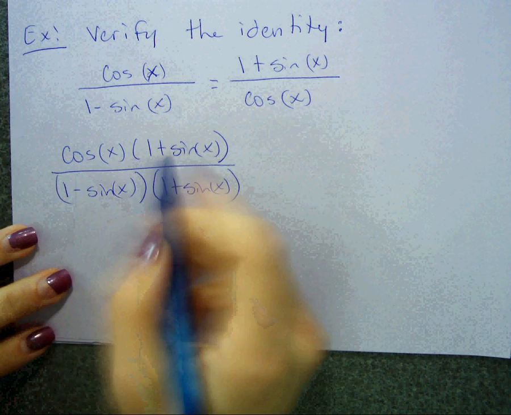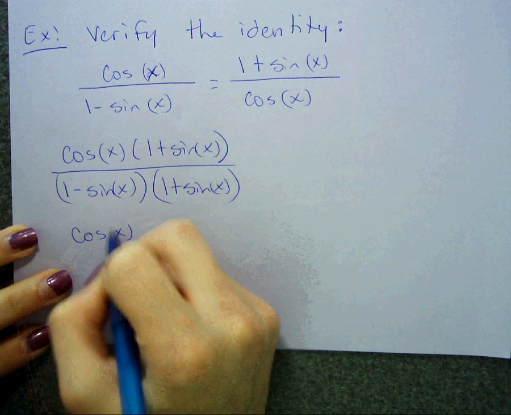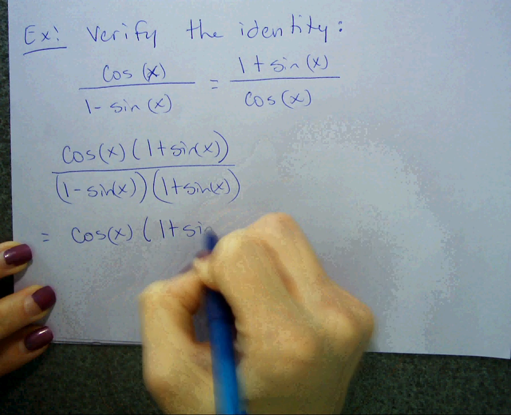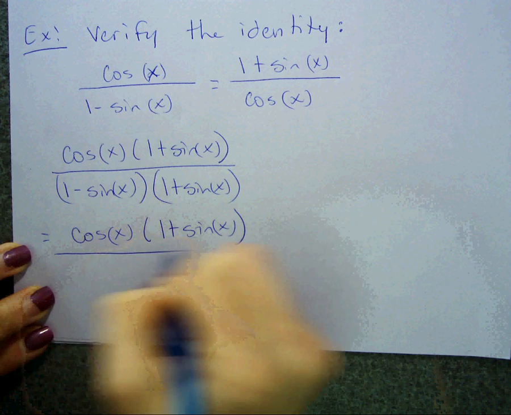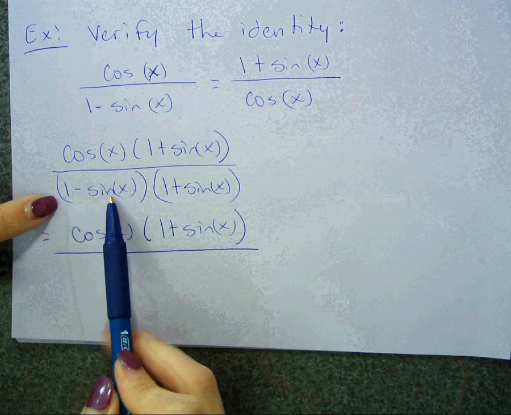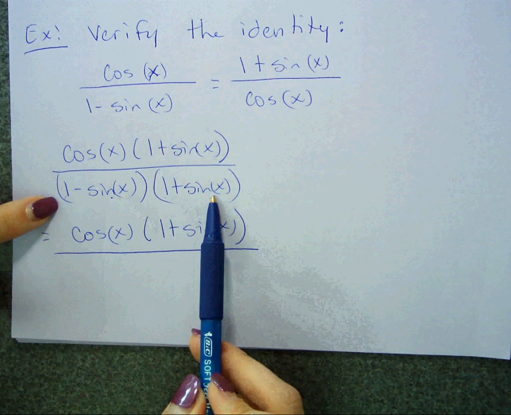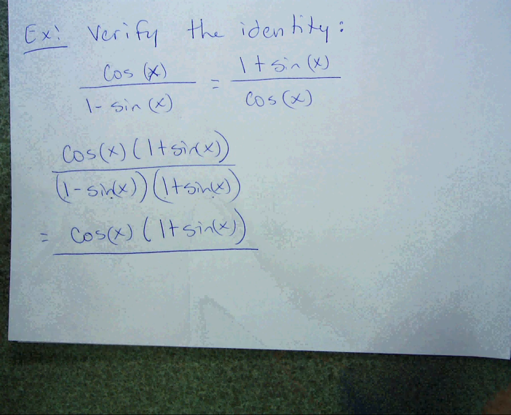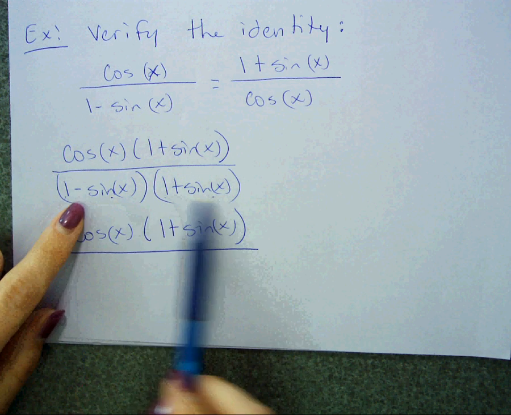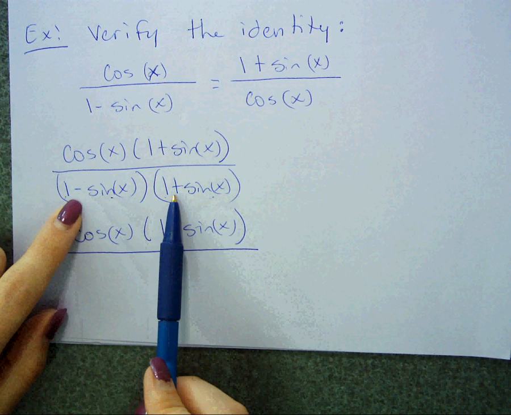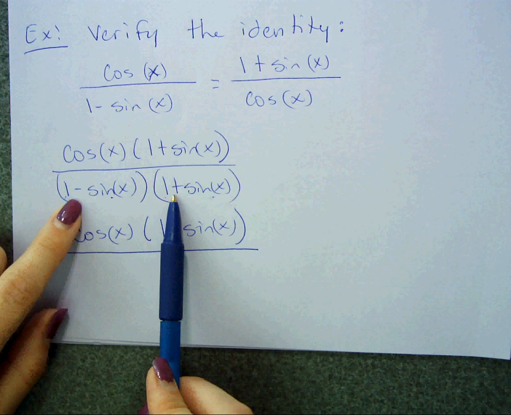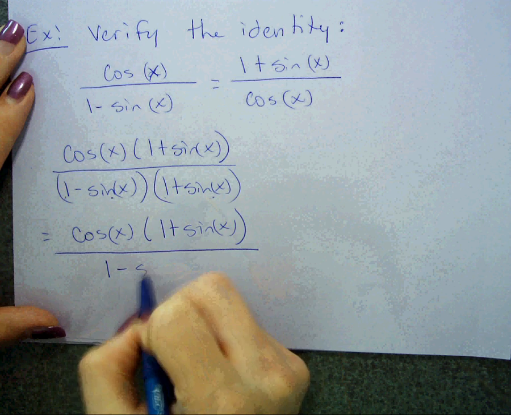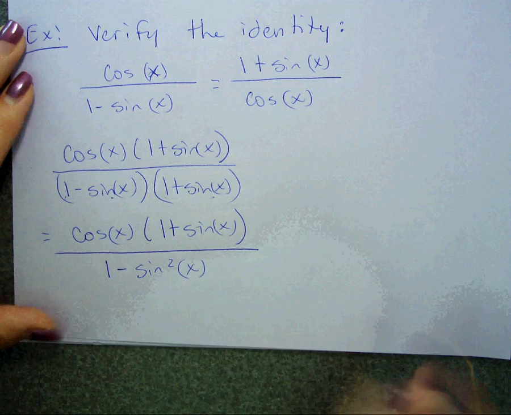Now I have cosine of x times 1 plus sine of x over, on the bottom, 1 minus sine of x times 1 plus sine of x. If you recognize this, or it'd be a good idea to start recognizing this, I have the exact same thing, but one is minus, one is plus. This is the factors from the difference of squares. So you can multiply it out, but you're going to end up with 1 minus sine squared of x.